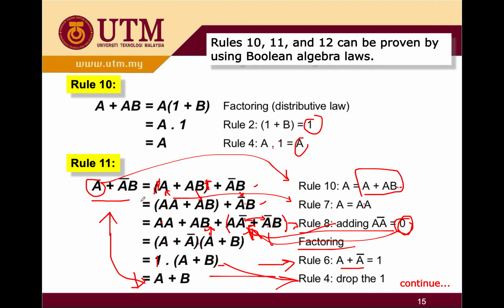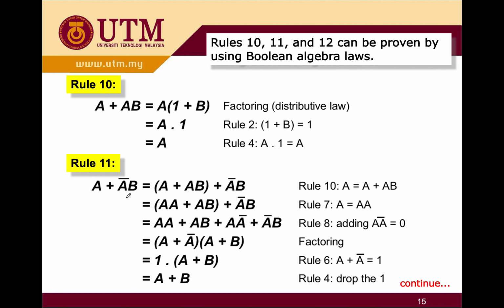So you are not given just the question, but the question will be asking you to prove. You are given this Boolean algebra, and also you are given that it's equal to a plus b. Prove it. So this is step by step how you're going to prove it. You need to play around with how you can get a plus b.